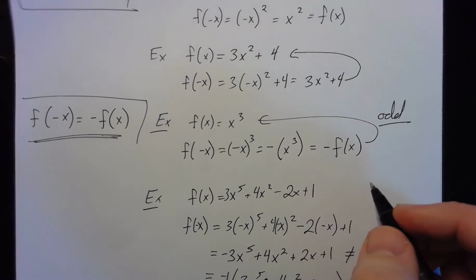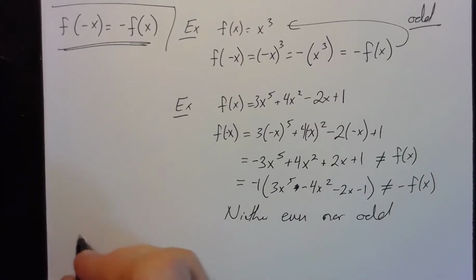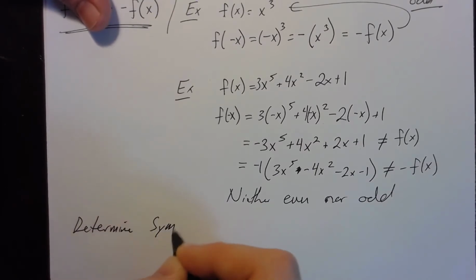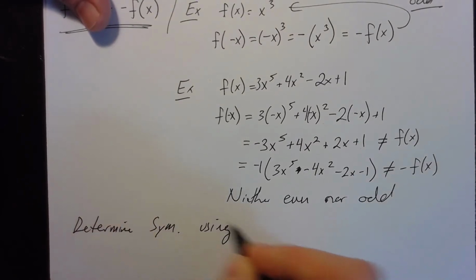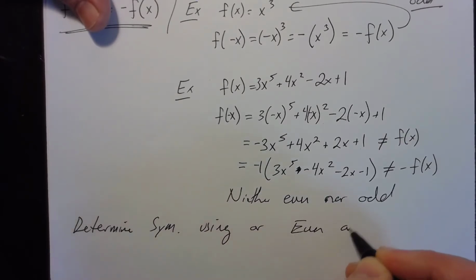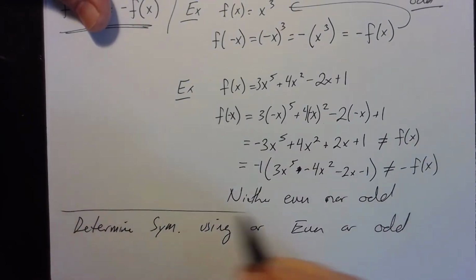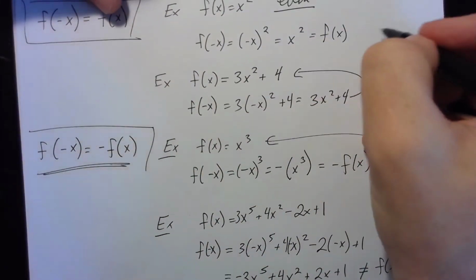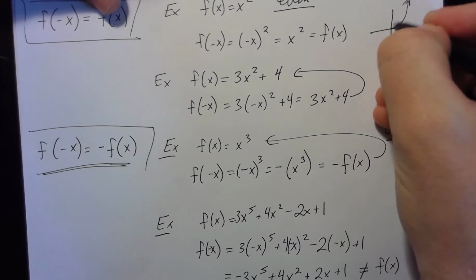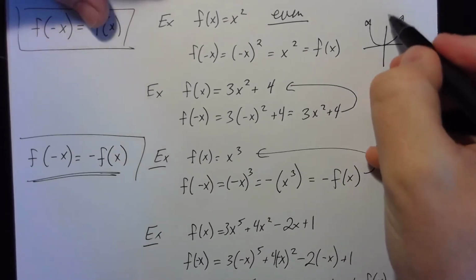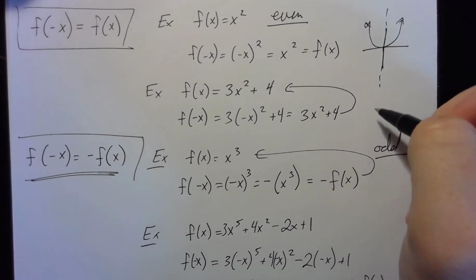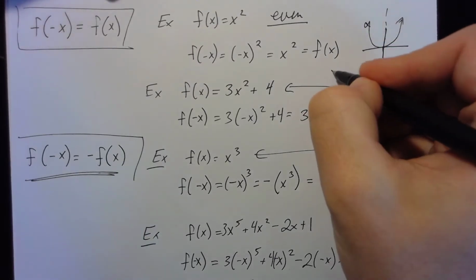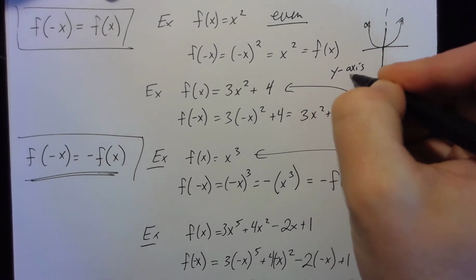So, if somewhere in a problem you are asked to determine the symmetry using even or odd, what you can identify is, first off, you'll notice that this x squared function back up here, if I were to try and sketch this, it would look something along the lines of this. You'll notice that this function here clearly has an axis of symmetry going down the y-axis. So we would call that this function having y-axis symmetry.